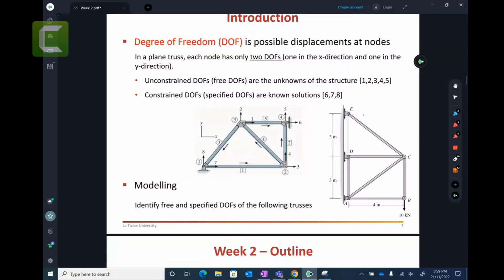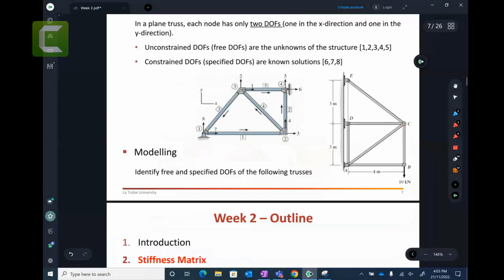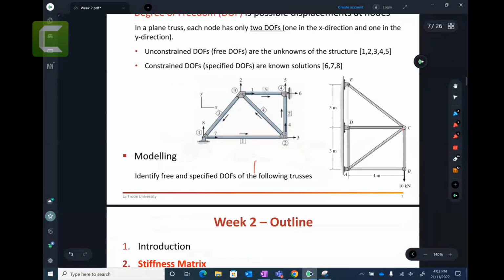Now, these figures here, students, tell me what is the total degrees of freedom here? Work it out. OK, so here you have said the total 10. So probably this one is 2 free degrees of freedom. Here 2 free. This one is 2 fixed because it is a pin.